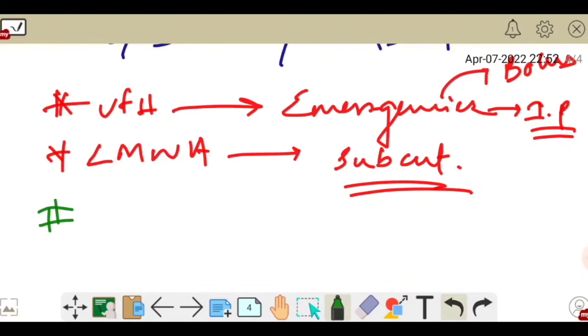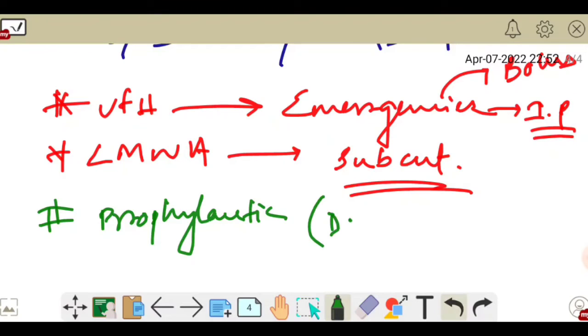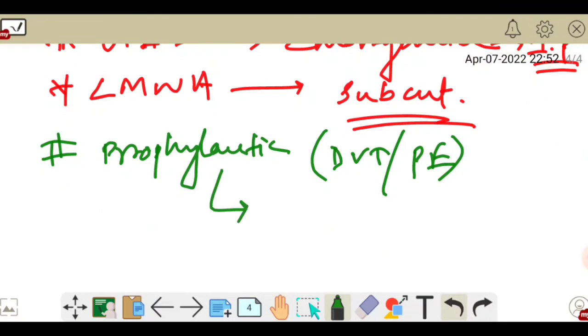One thing you have to know: in prophylaxis of DVT or pulmonary embolism, low molecular weight heparin is generally used.